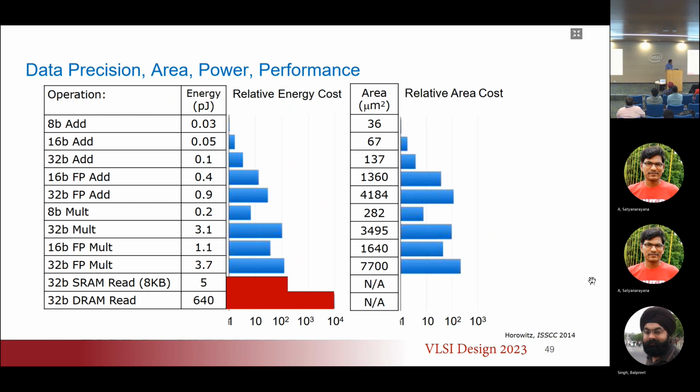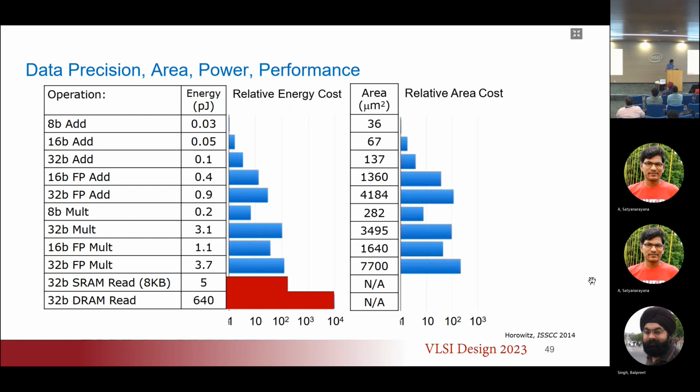So if I want to do an 8-bit add operation, it costs me 0.03 picojoules. If I do a 32-bit add operation, it jumps up from 0.03 to 0.1. So that's more than 3x kind of increase.